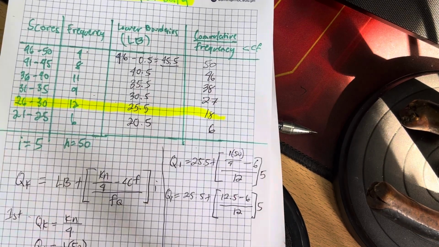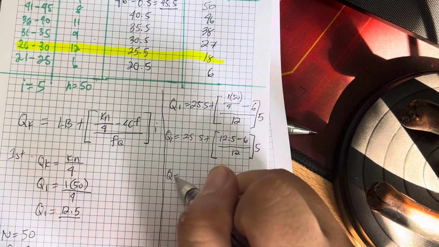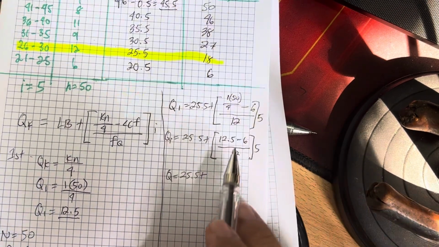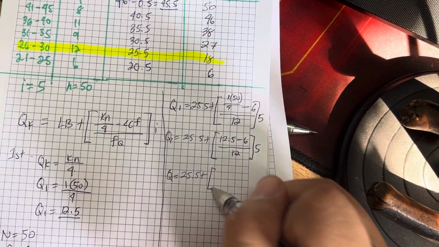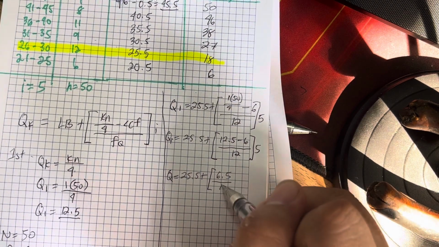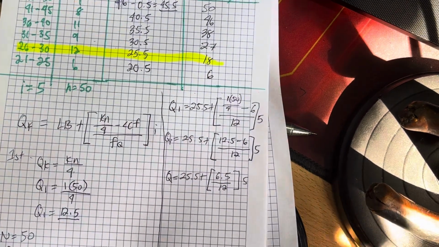The next one, proceed tayo. Q1 is equal to 25.5 plus 12.5 minus 6 is equal to 6.5 divided by 12 times 5.